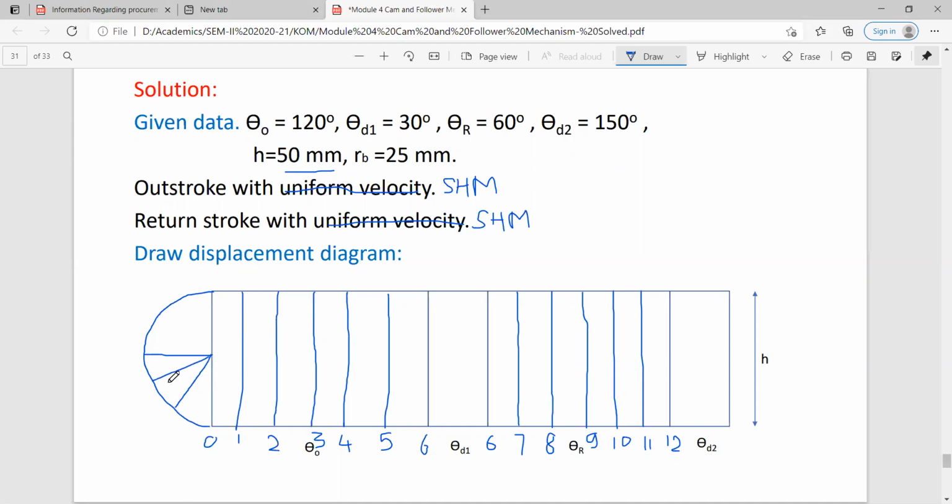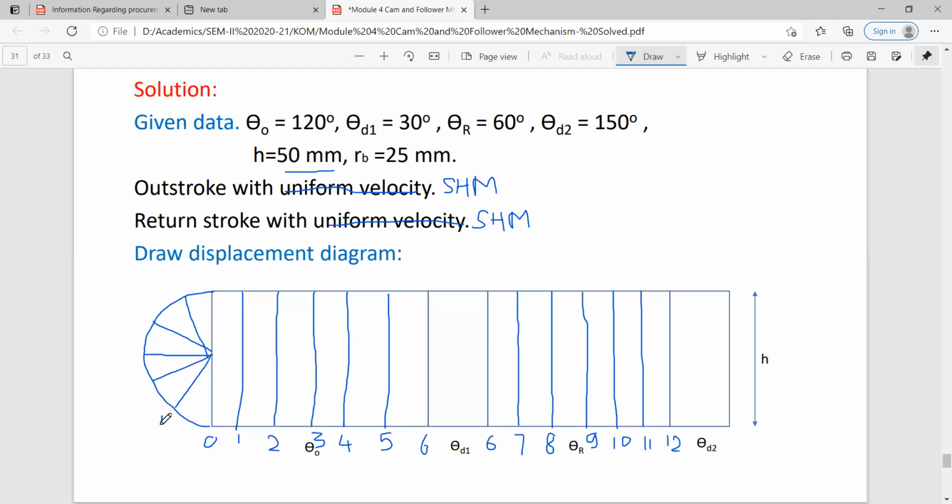So these are 3 parts. Here also you do 3 parts. You can use the protractor to mark the angle exactly. 30 degree, 30 degree, and this is 30 degree.